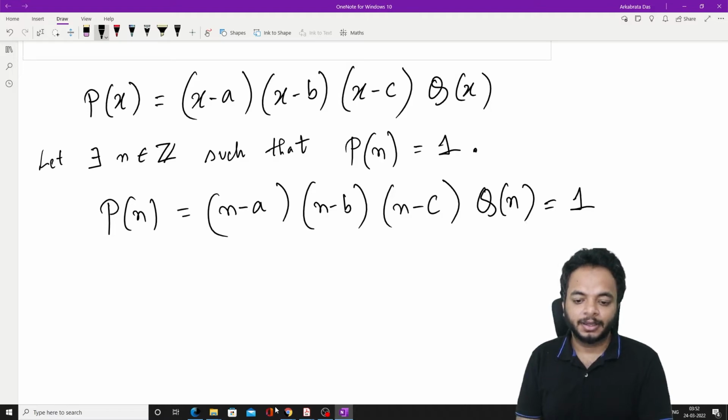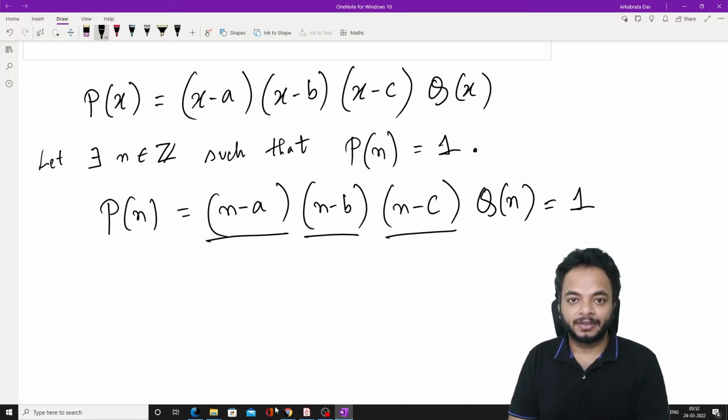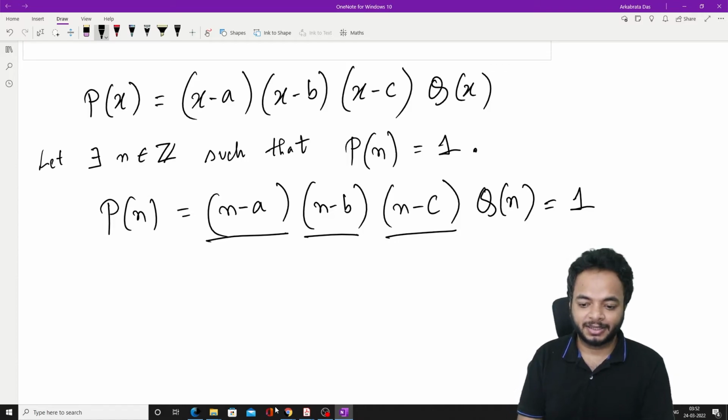Now you can very well see that these three are distinct integers, because a, b and c are given to be distinct integers. So n minus a, n minus b and n minus c will be distinct, and thus we get that 3 distinct integers are dividing 1.